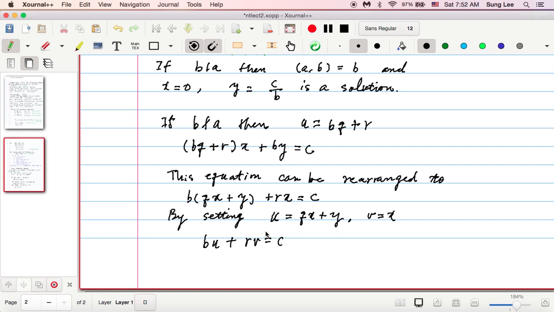So let's do that, to have a better picture of how this works.